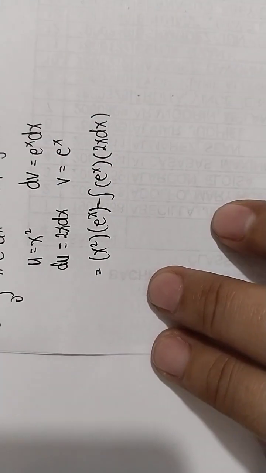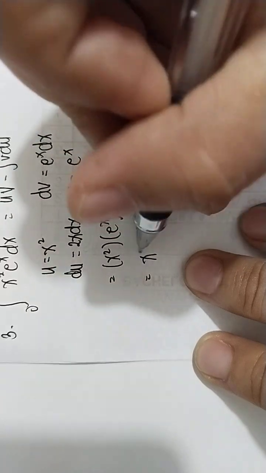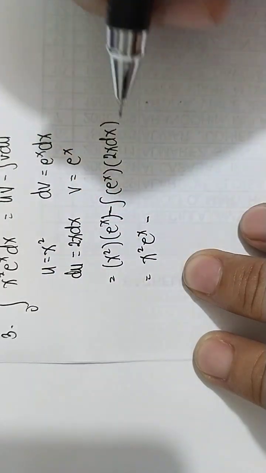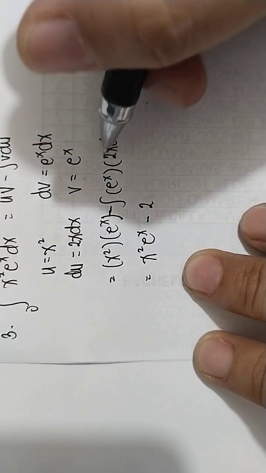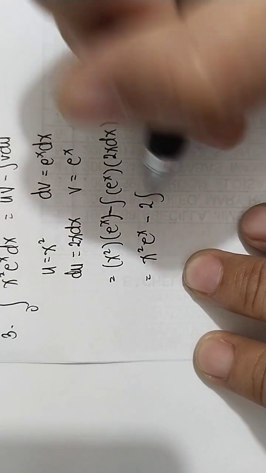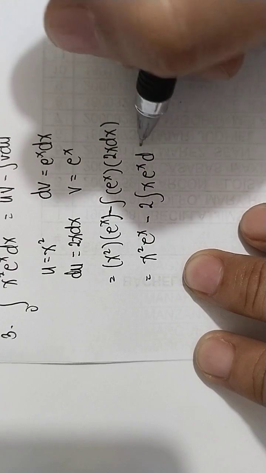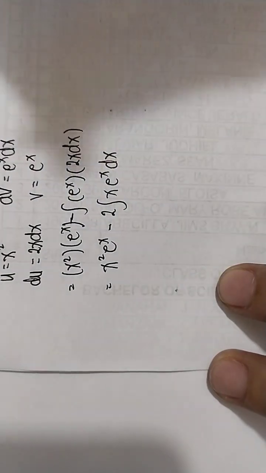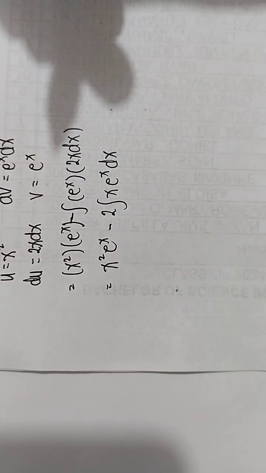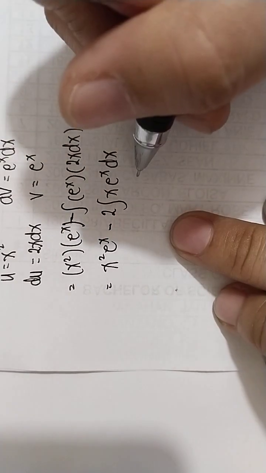Okay, so let's simplify it. We will have x squared e raised to x, then minus, we can factor out 2, then we can rewrite x first, e raised to x, and then you have dx. So for this part, we still cannot directly integrate it, so we're going to use integration by parts.